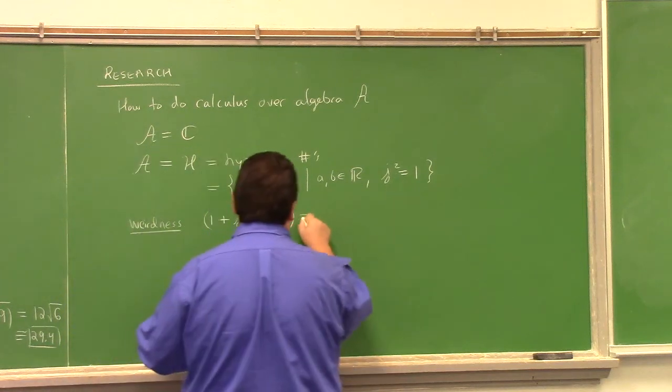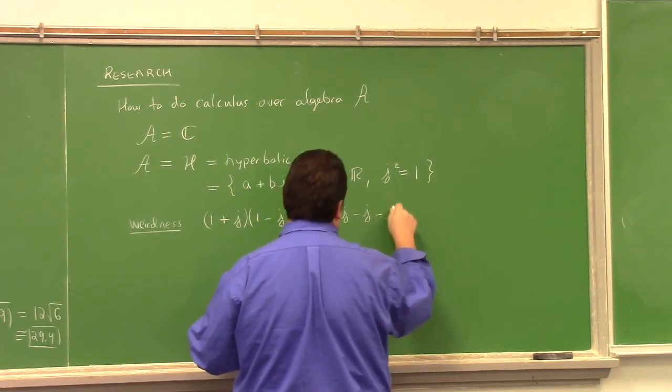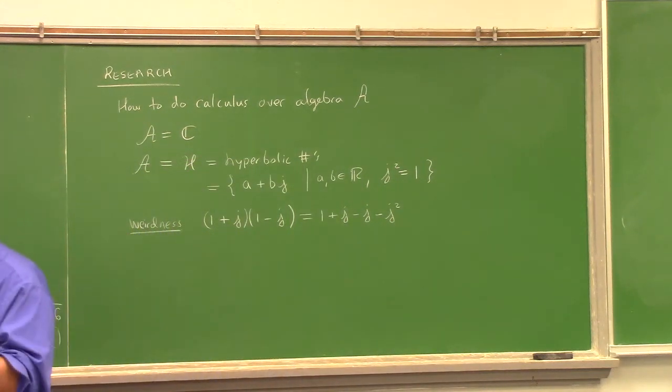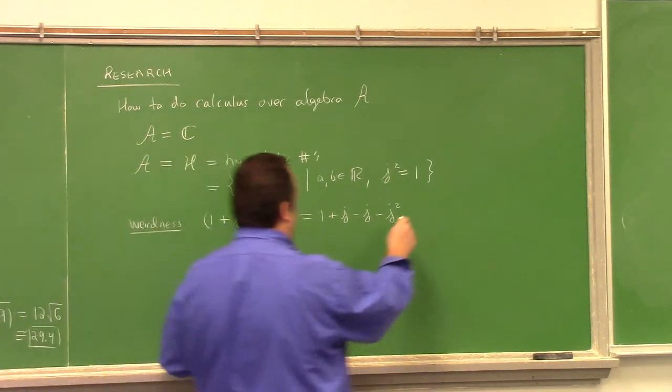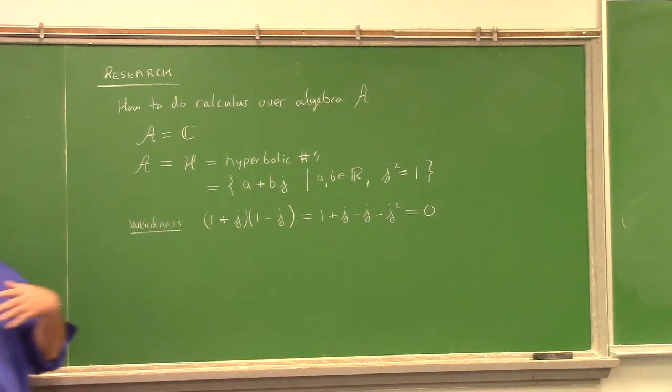This gives us 1 plus j minus j squared. So the j and the minus j cancel. What's j squared equal to? 1. 1 minus 1? 0. This is 0. So what we're looking at here is the product of two non-zero things equals 0.